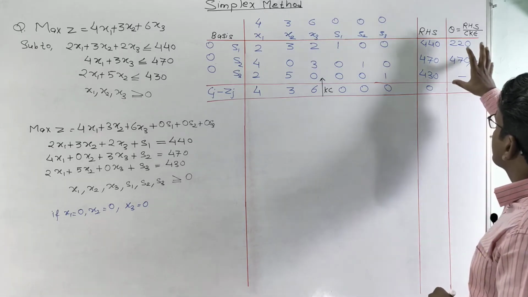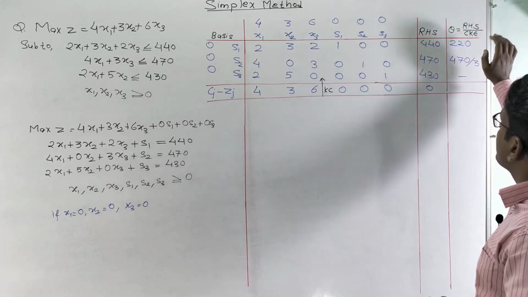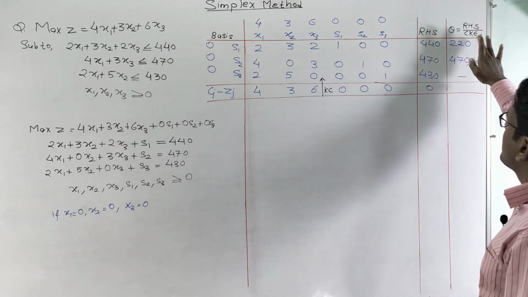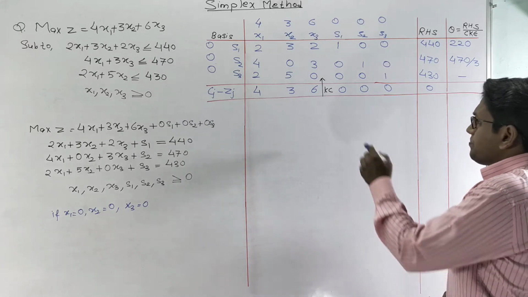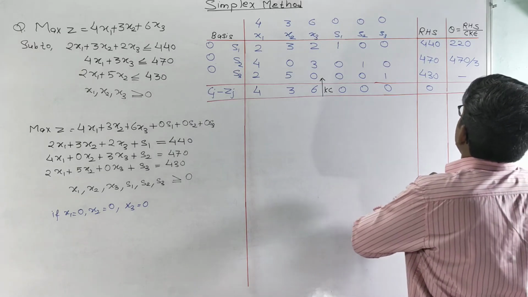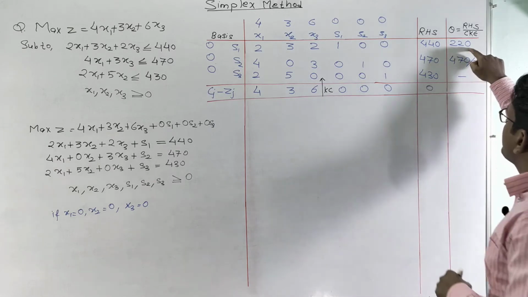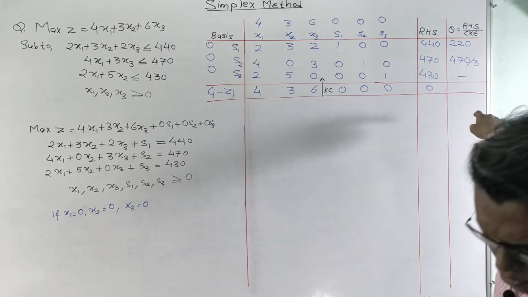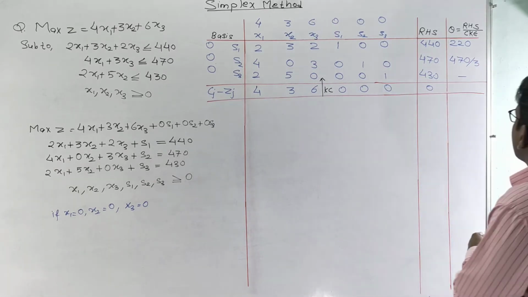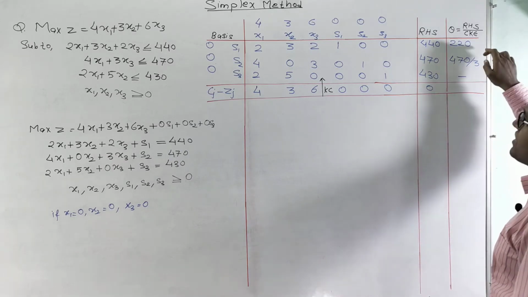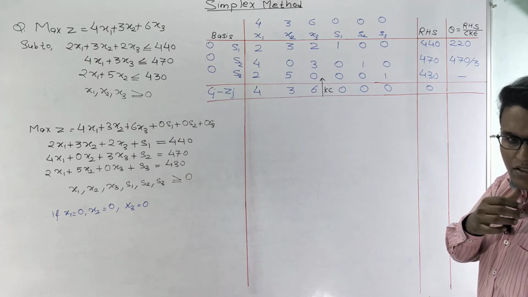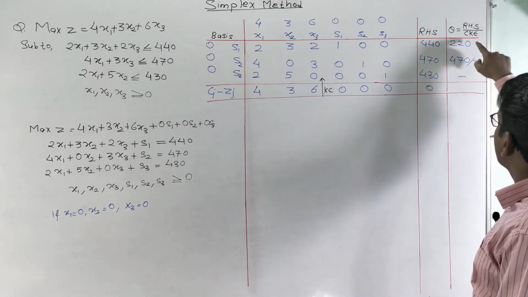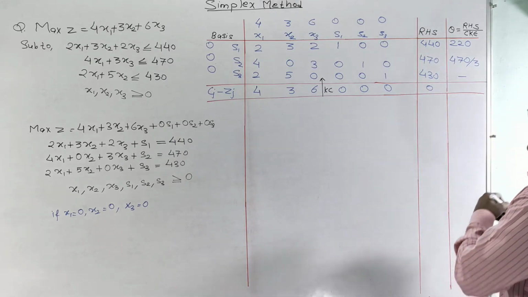Till now we need to understand that we've calculated theta, which is equal to the right hand side value divided by the corresponding key column element. So now at the intersection of these, here we will select the minimum positive value. As we can see, 220 and 470 by 3. The minimum value among these two is 470 by 3.